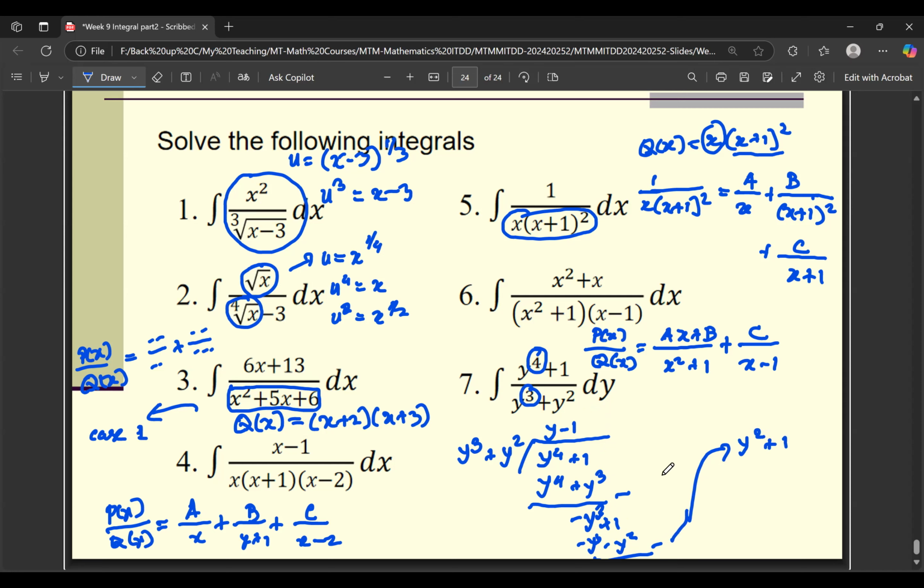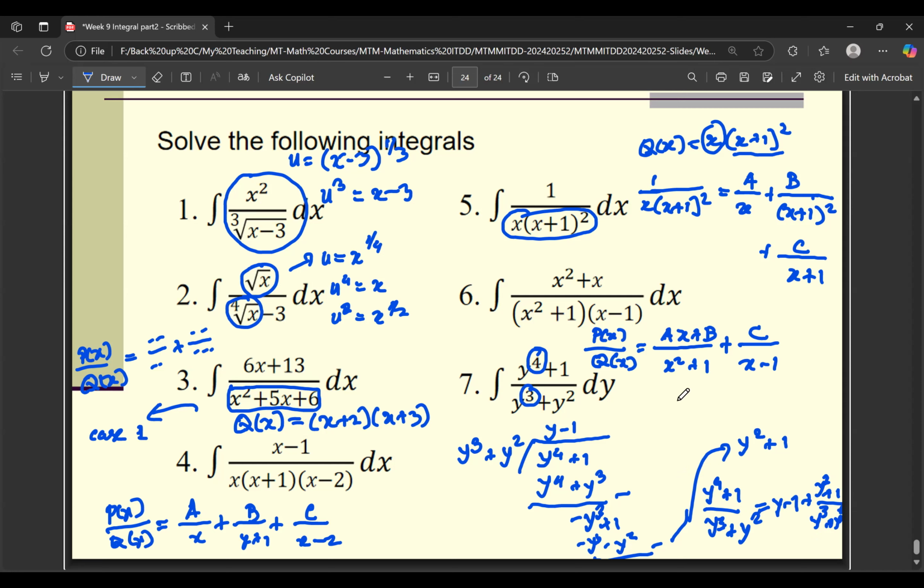So y to the power of 4 plus 1 divided by y cubed plus y squared will have y minus 1, and the remainder is y squared plus 1 divided by y cubed plus y squared. Okay, this is the clue.